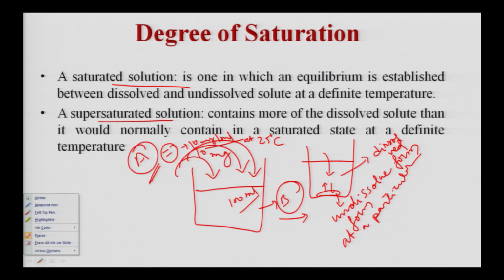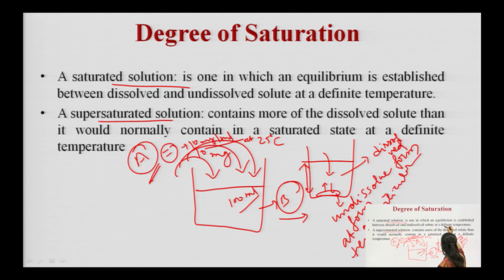Okay. So, now we can say that the supernatant fluid is a saturated solution, because now equilibrium is established between the dissolved and the undissolved solute at a definite temperature.